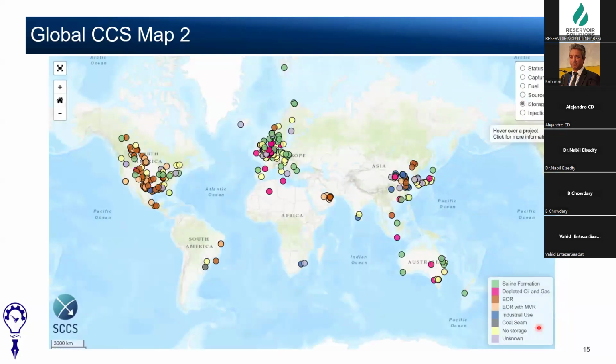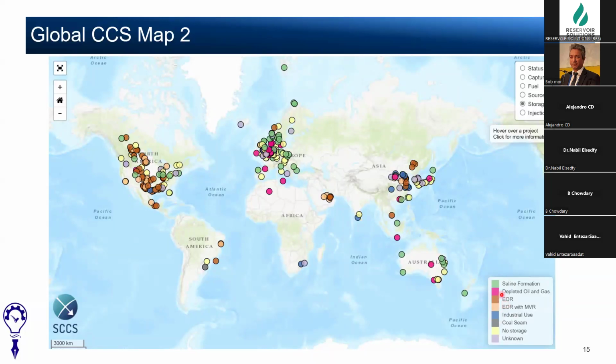The next map again shows us the global CCS map. These maps provide information about different geological storage types. For example, saline aquifers. We have lots of saline aquifers in Europe. We have some depleted oil and gas reservoirs. We have some projects which are going to implement and store CO2 for EOR purposes, which we will talk through in the next slide to see what the geological storage types are.